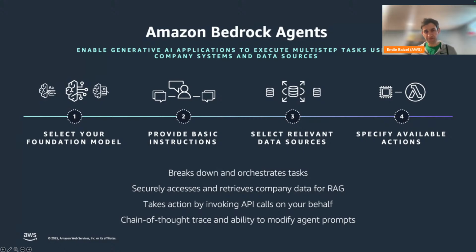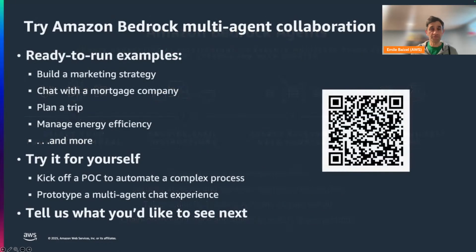And again, if there's a lot to grasp here, at the end I'm going to tie everything which I'm covering into one solution architecture diagram, and you'll see how all these pieces fit together there. If you are interested in multi-agent collaboration, we have a GitHub repo that has some examples there.